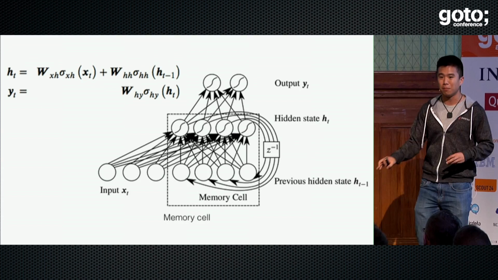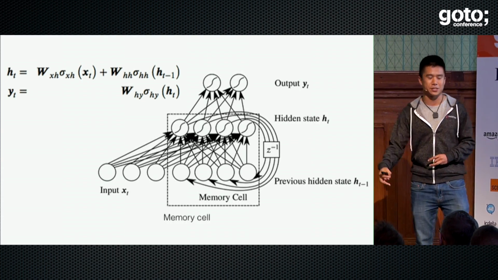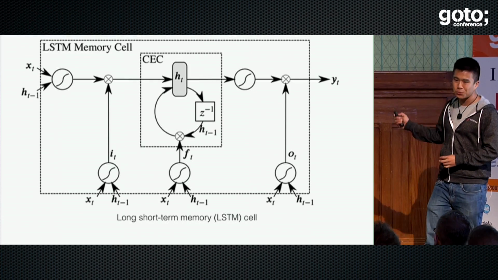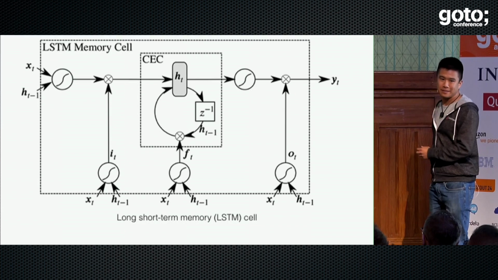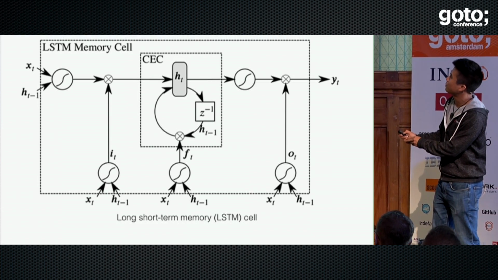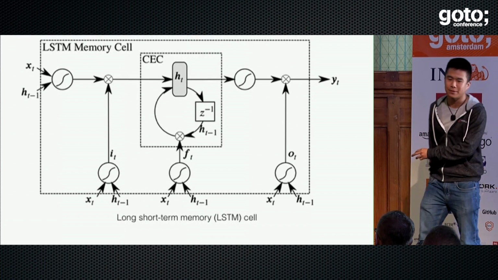It turns out there's some problems with just using the basic architecture. And so the architecture that the field has been converging towards is known as long short-term memory. It looks really complicated. It's not. You take the inputs and the hidden states, and you put them into 3 spots. Right here, the inputs, an input gate, a forget gate, and an output gate.